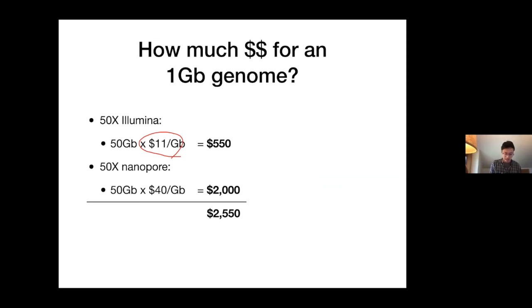And then for nanopore, we calculate around $40 per GB, and you need roughly 50x to get good enough coverage. So for a 1 GB genome, $2,500. It's not bad. Of course, this doesn't take personnel time into account.